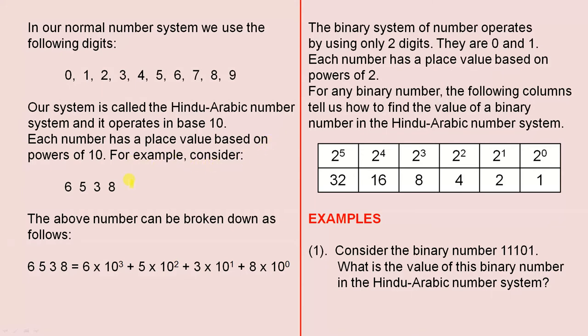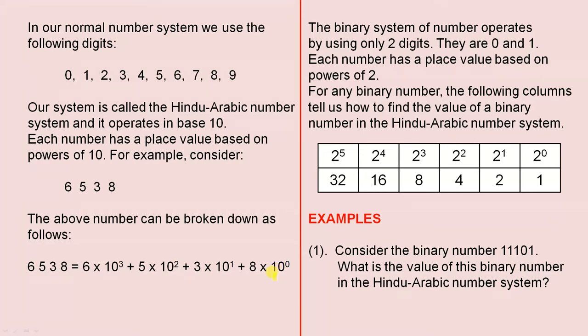For example, consider 6538. The above number can be broken down as follows. So 6538 is 6 times 10 to the power of 3 plus 5 times 10 squared plus 3 times 10 to the power of 1 plus 8 times 10 to the 0.